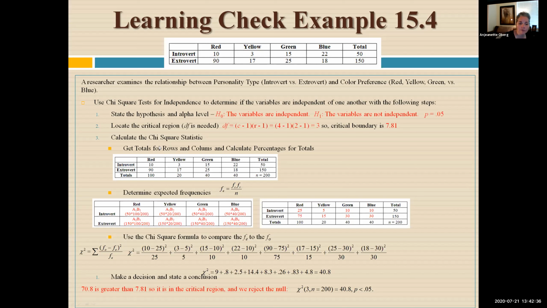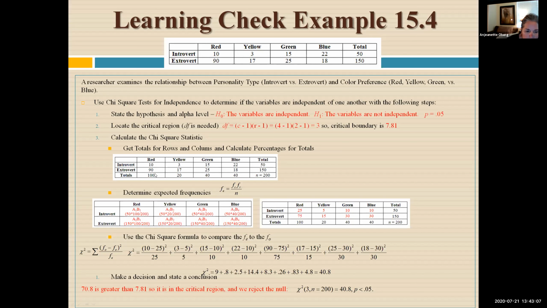The first thing we have to do is calculate what our expected frequencies are. Remember, here's the formula. Our expected frequency is the frequency for the column times the frequency for the row divided by n. So in here, I'm looking at my frequency for my column, times my frequency for my row. And let me just be really clear.